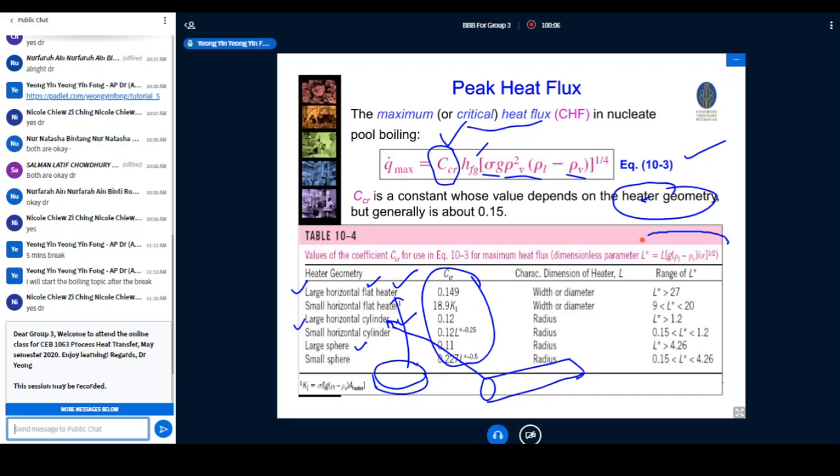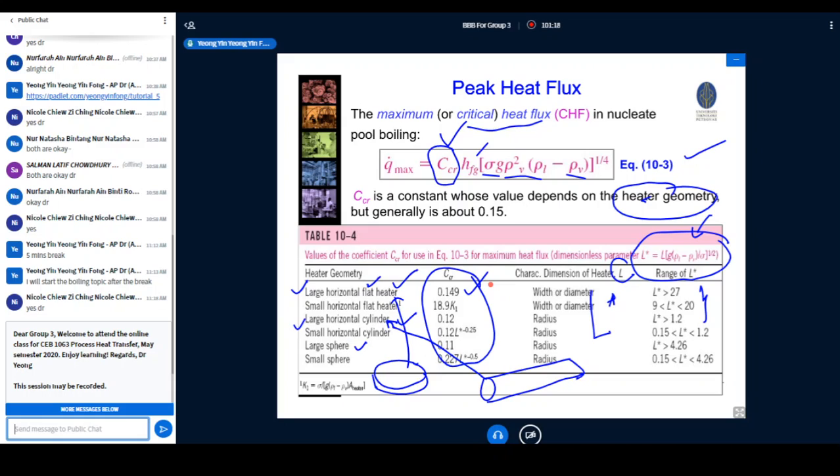If it is larger than 27, meaning that it's a large horizontal flat plate, I straight away use 0.149 for the CCR. The L value is shown here, either using diameter, width, or radius for different kinds of heater. So right now you just recognize and know the equation first.